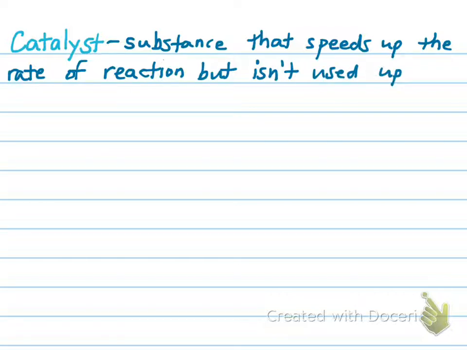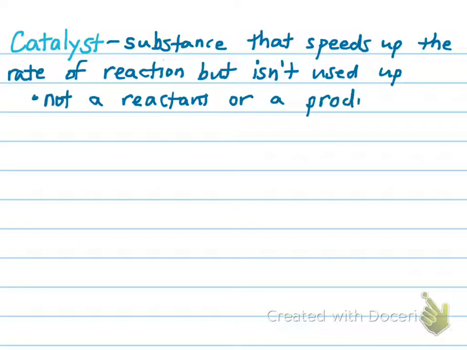What that means is it's still there after the reaction. Because of that, technically a catalyst is not a reactant or a product. So we can't write it on either the reactants or the products side of the equation.